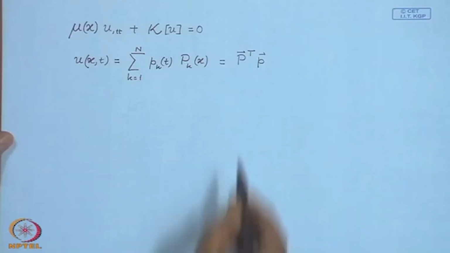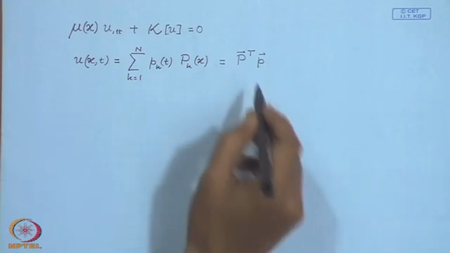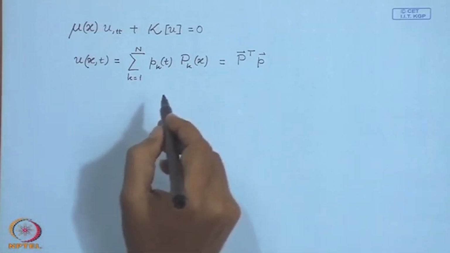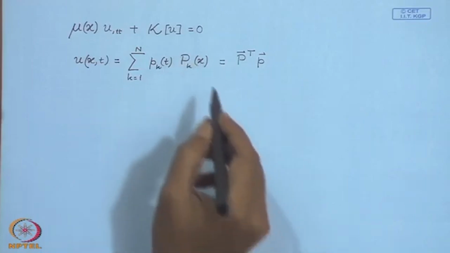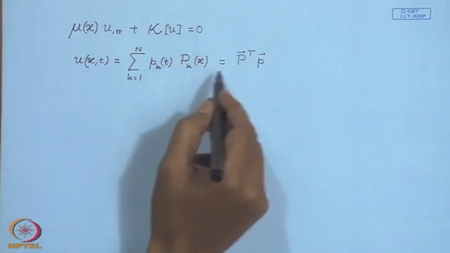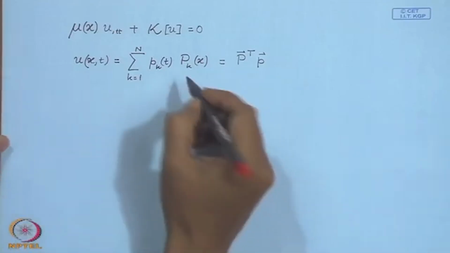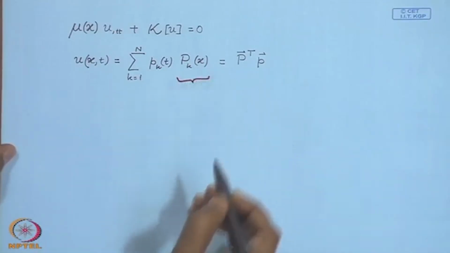Now, this may be written in terms of vector multiplication like this. Here in these projection methods, there is a restriction on the kinds of functions using which we do this expansion.